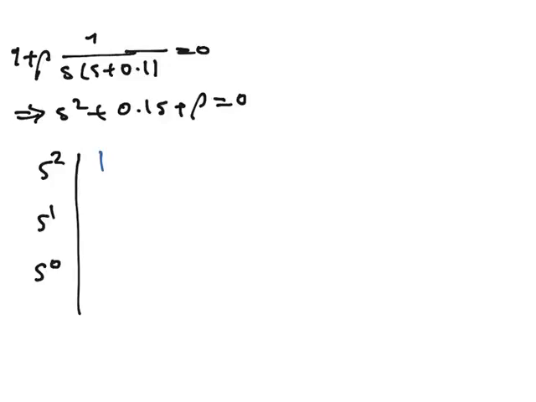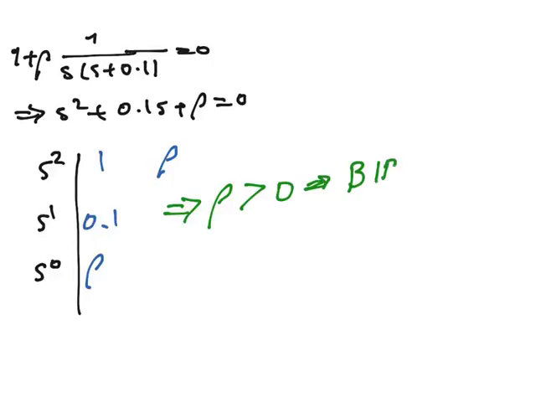Here we will have 1, rho, 0.1, and rho. And if you want to have BIBO stability for the system, we need to have all the elements in the first column of the Routh table be positive. So from here we can say that we need to have rho bigger than 0 in order to have BIBO stability.